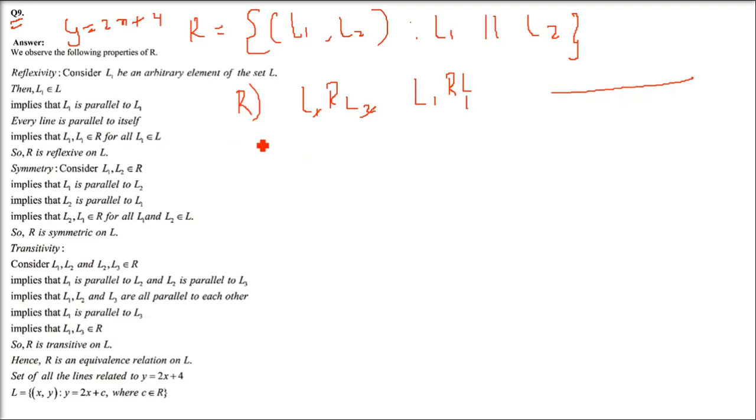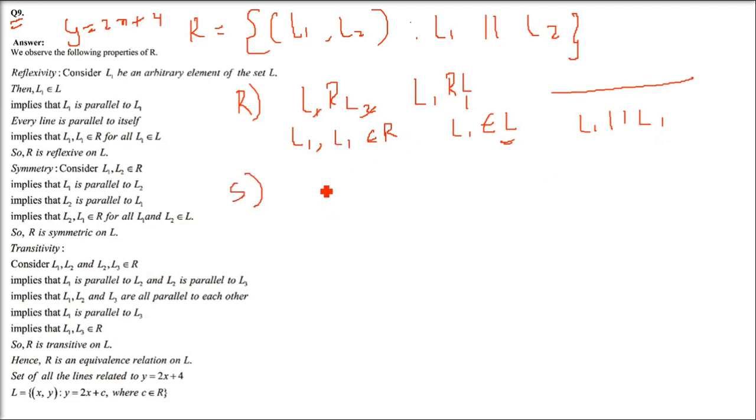Even if you say L1 or L or whichever, the same line is parallel to the same line. So L1 and L1 belong to R. Every line is parallel to itself. This implies L1, L1 belongs to R for all L1 belonging to this set of lines L.